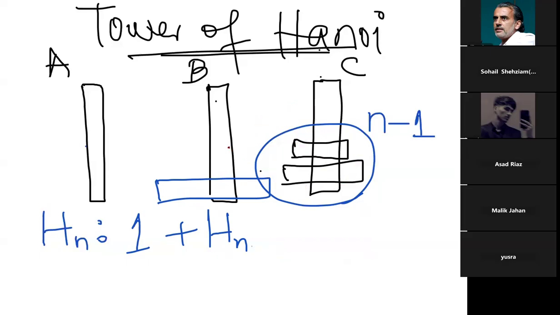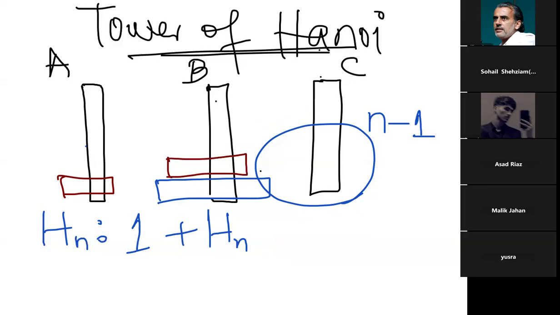So I move the smallest disk and place it in tower A temporarily, and then I move the second smallest disk from tower C and place it on top of the largest disk, so it comes here. And now we can bring this disk over here, right? So as a result, we have made another H subscript n minus 1. Sorry, this should have an n minus 1, the previous one. Let me clean it up.